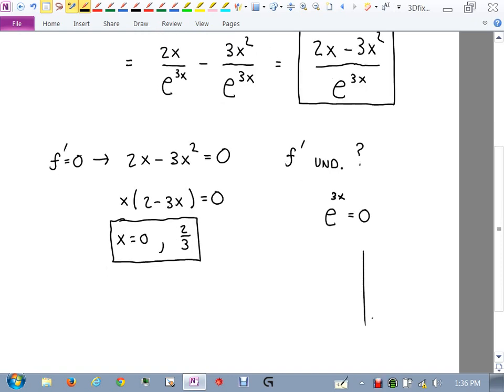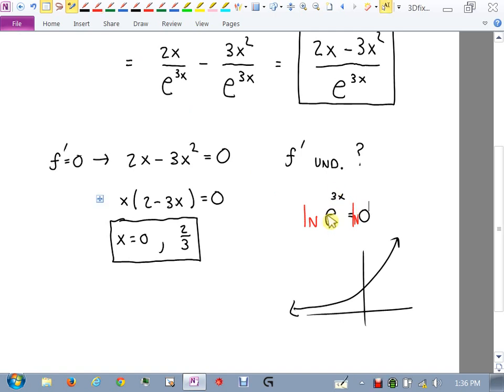Remember, e to the x looks like this. E to the 3x also looks like this, a little bit steeper climb to it. So this is not going to have a solution. Now, there's another way you could do this. Whenever you have an equation, you can take the natural log on both sides.